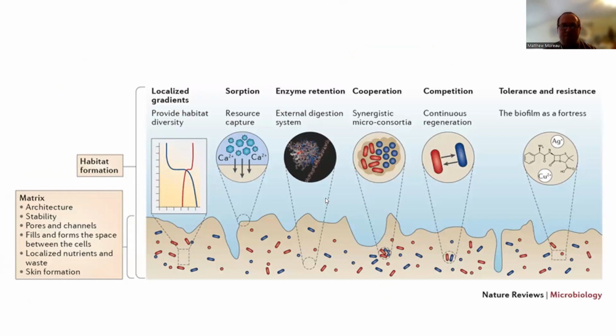So biofilms, by and large, have these localized gradients in different parts of the biofilm, and this allows for the creation of a community of cells. Typically a biofilm will start as a homogeneous species, but as the biofilm grows, especially in nature or even inside of a human or wherever it is, bacteria are surrounded by other bacteria.